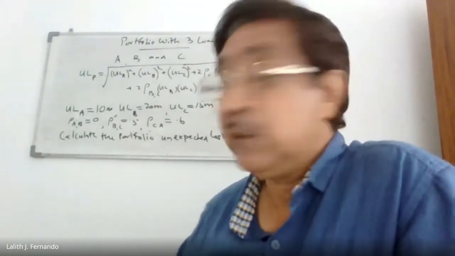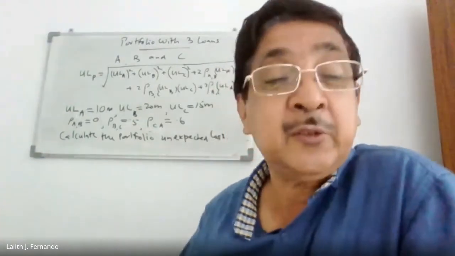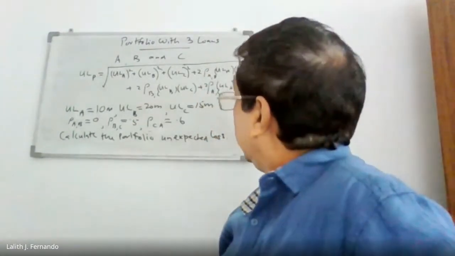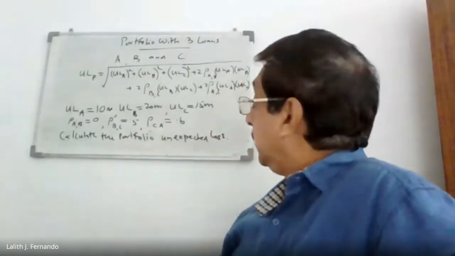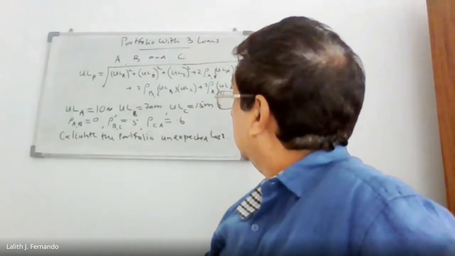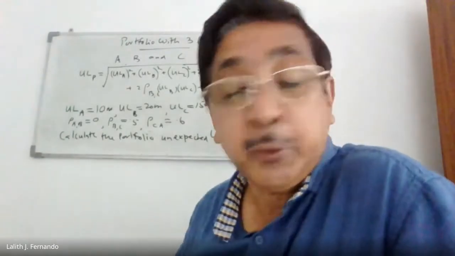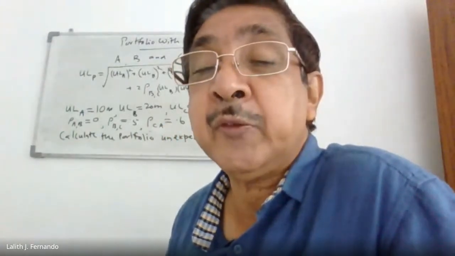Then you get 2 rho BC, that is 2 into 0.5 into 20 into 15. Again plus 2 into 0.6 into 10 into 15. And altogether it would come as 1200 something, and the square root of that would be 34.71.